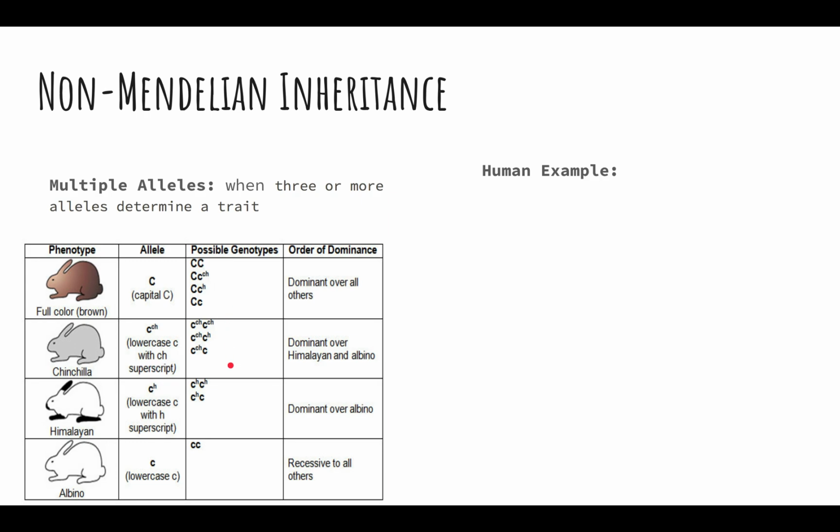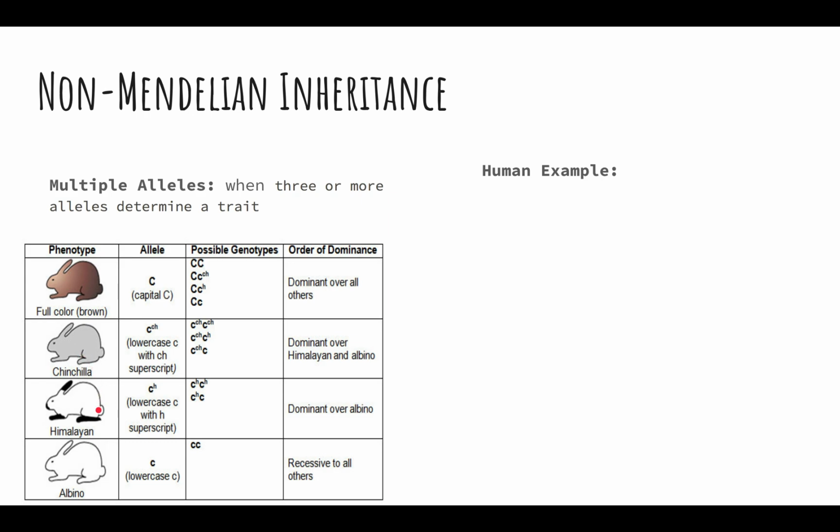But then the little c with superscript CH, if that's present, then it would be dominant over the other recessive trait, which is just little c with the h superscript. And this CH one is called the chinchilla variety.